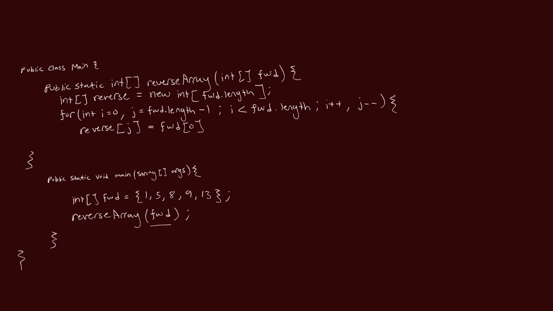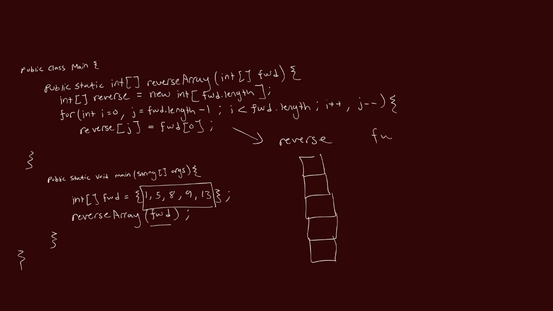So let me show you what's going on behind the scenes. So we have our reverse. So right now our array length is going to be 5, so it has 5 slots. And then we have our forward array, also 5 slots. This is 1, 5, 8, 9, 13.